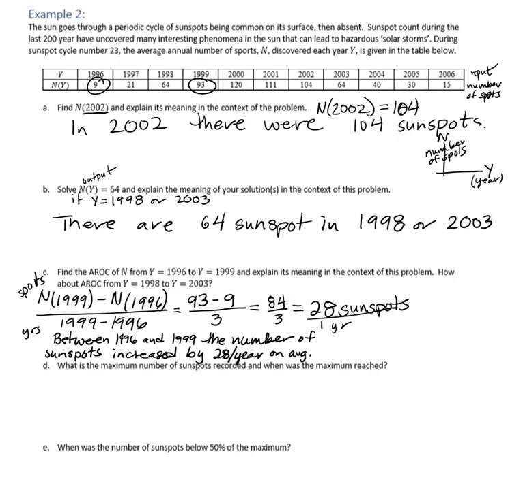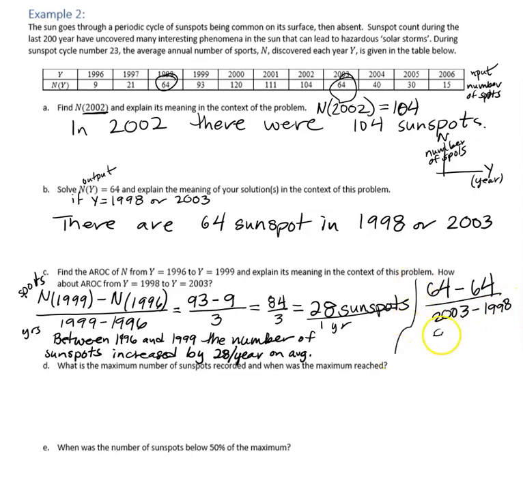We were also supposed to look at 1998 to 2003, and I think there was a specific reason I wanted to check out both. So let's calculate, and we'll see if I remember. Okay, 98 to 2003. Oh yeah, that's kind of an interesting one. I do see it. If we look at N of 2003, which is 64, minus N of 1998, which is also 64, divided by 2003 minus 1998.